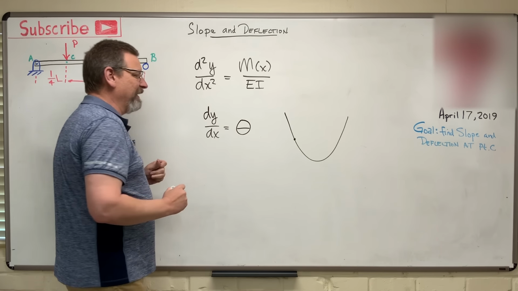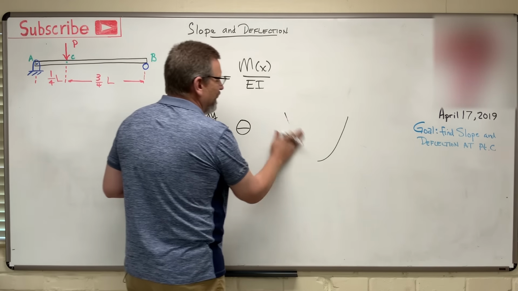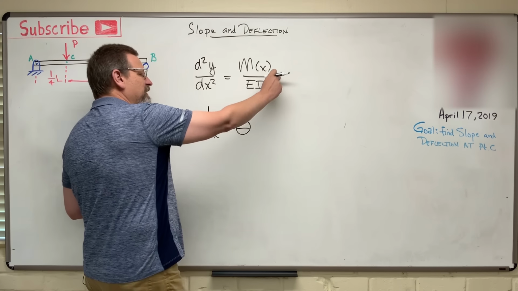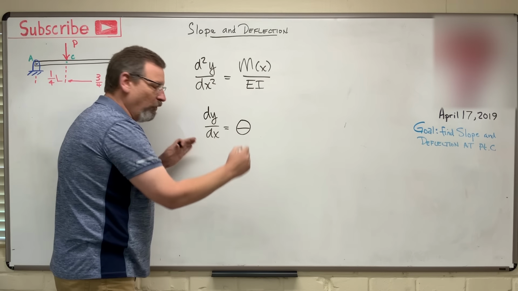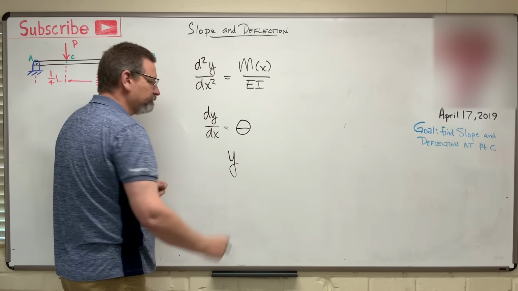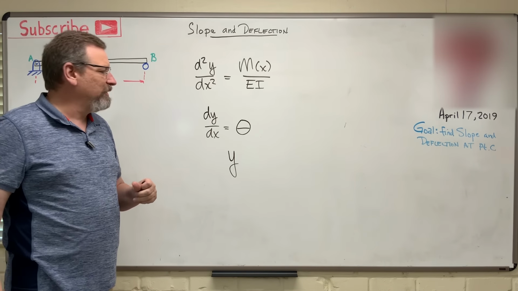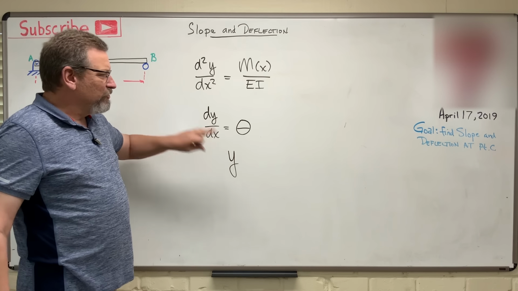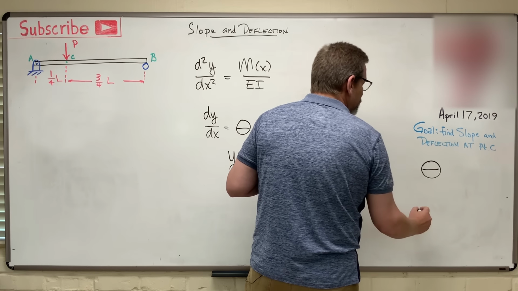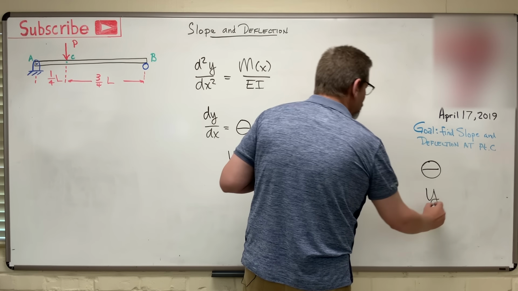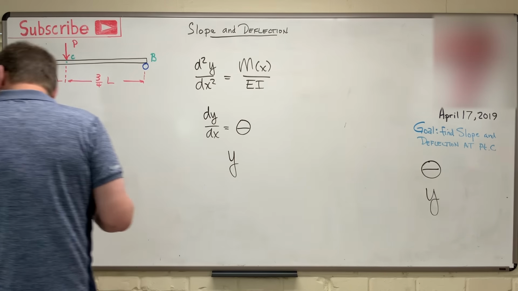We'll just call that theta. So we had the moment function here. We integrate that, we get the slope, and if you integrate that one more time, you get y, the displacement. Those are the two things we're going to look at: slope and displacement.